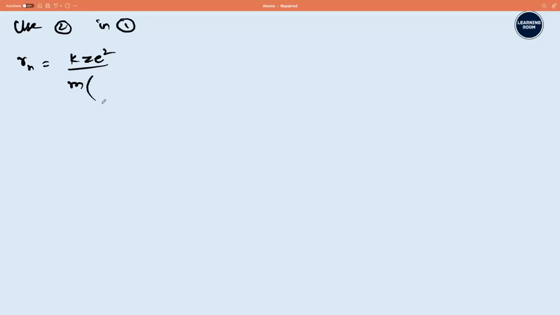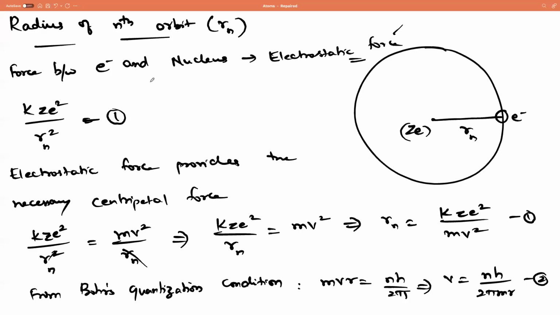So what is v square? That is n square h square divided by 4 pi square m square Rn square. Why did I get everything as a square? Because I have to square this nh by 2 pi and substitute it in this place.